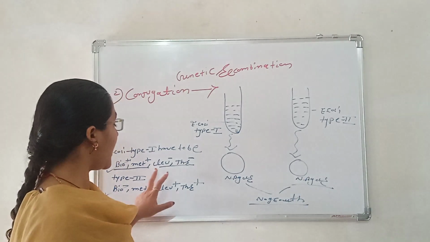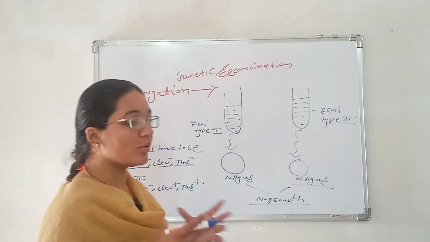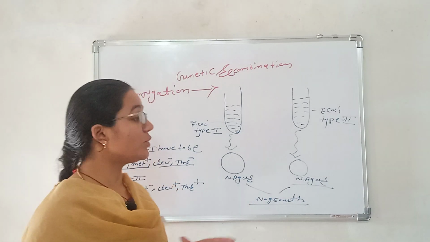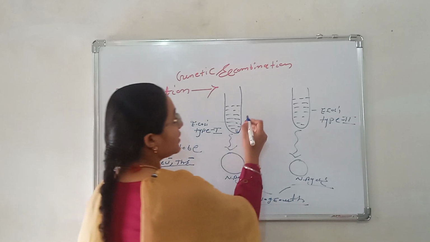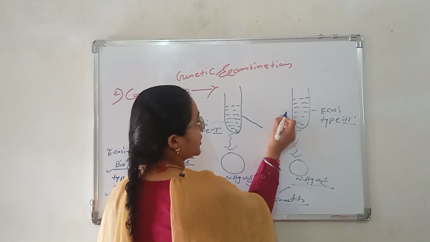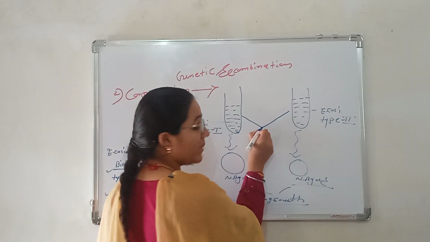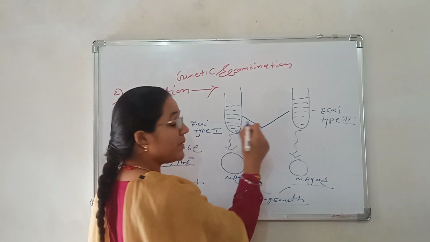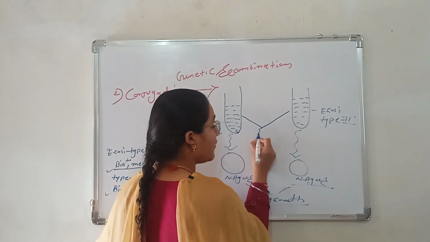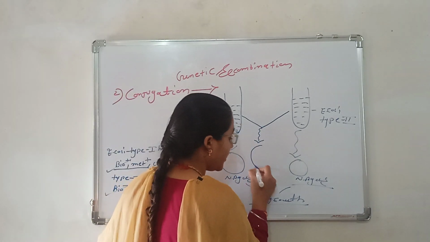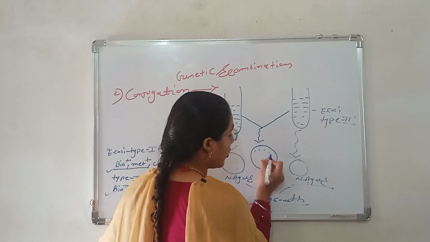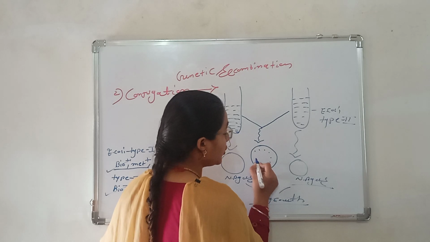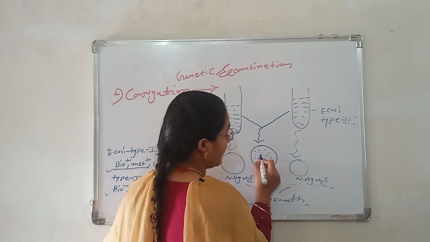So they individually do not grow on the plates. Then we combine the two strains with each other. After some time these strains grow on the nutrient agar plates, and we observe colonies of E. coli bacteria growing.